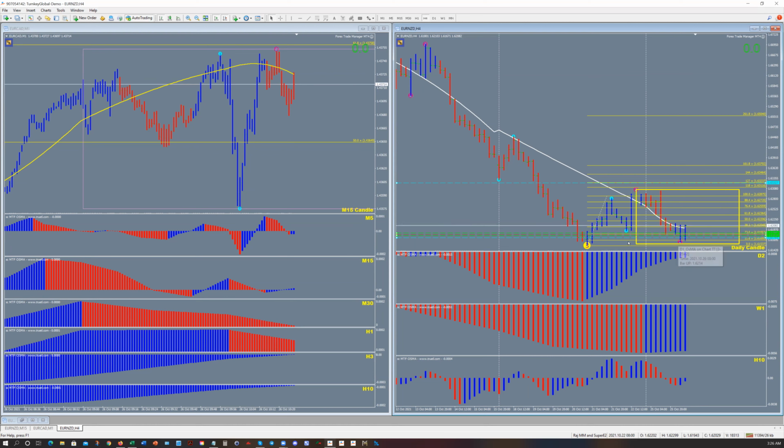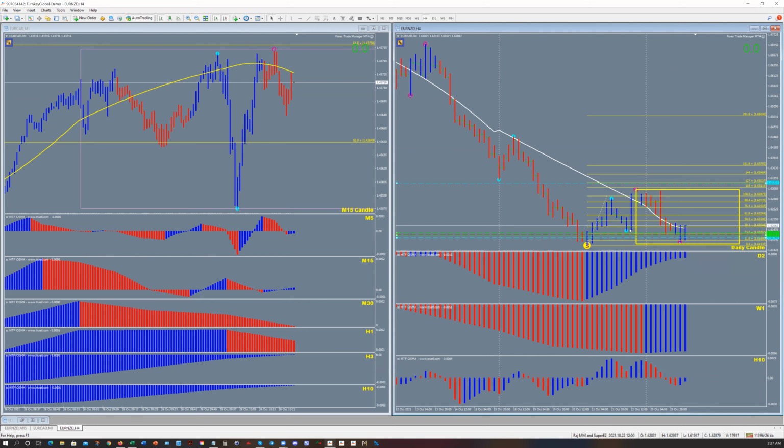Since it's broken this low, the price is actually in a downswing. You're playing the upswing based on this price structure right here.